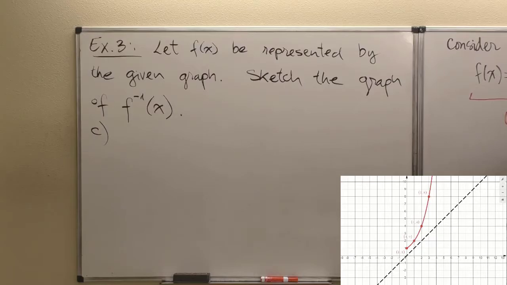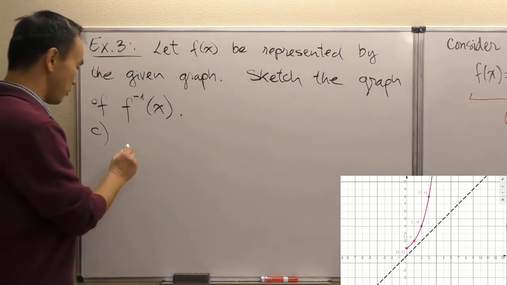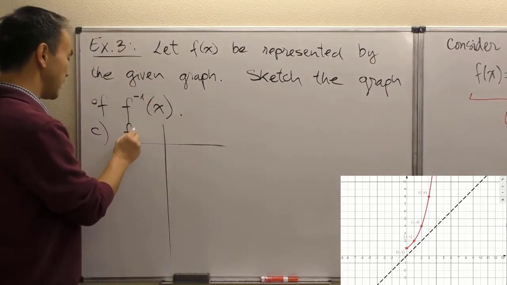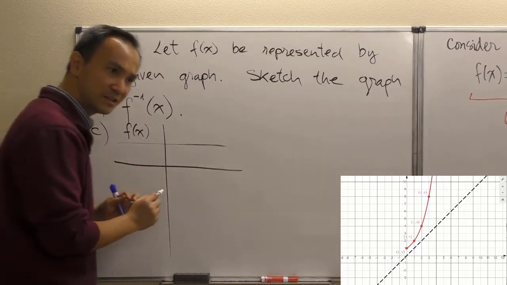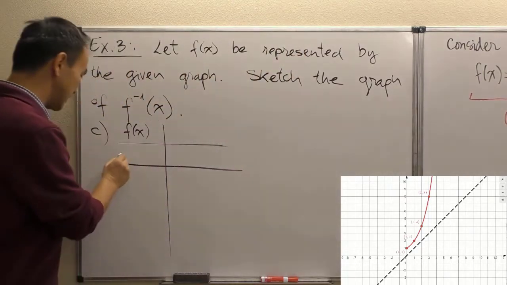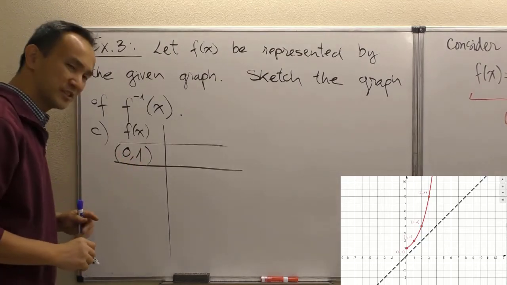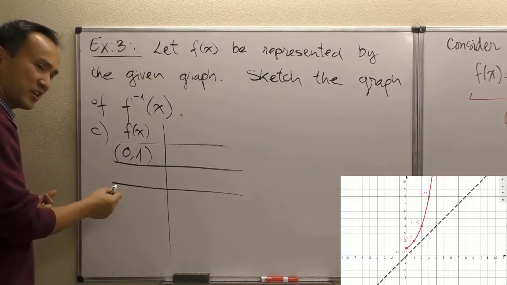So now in that way, I'm ready to tackle the graph of the inverse function. So now I'm going to sketch that table again. I'm going to draw that table that contains all the guiding points. So f of x. The first point I saw there is a point (0, 1). And again, I have to keep apologizing, viewers, for switching back and forth between where I stand here and the computer station.